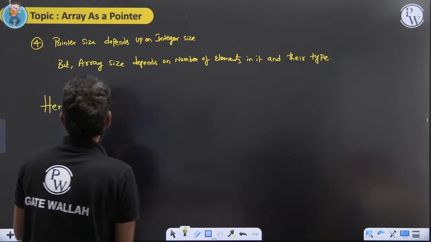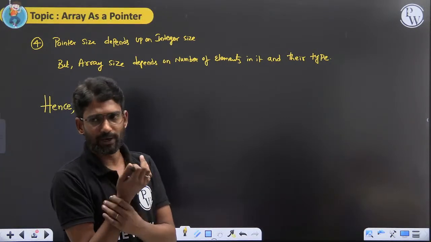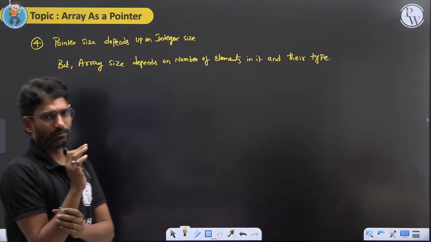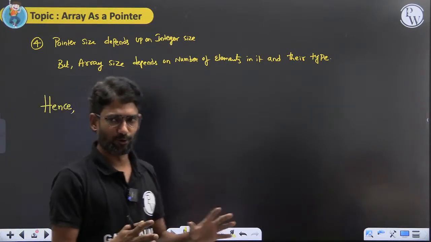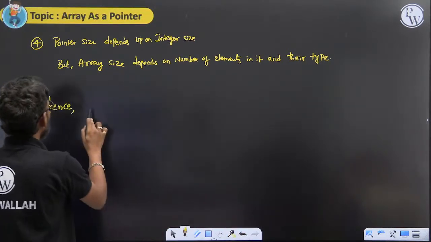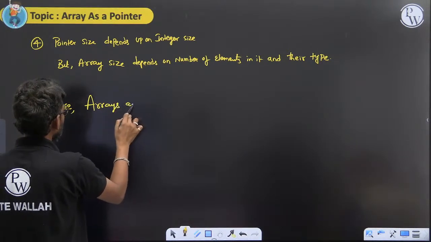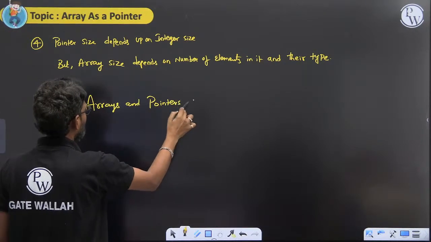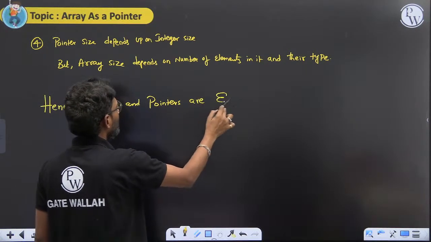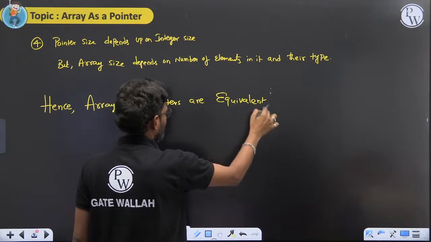So from at least these four points we can conclude, one is enough actually, but I have listed four. Hence, arrays and pointers are equivalent. Again I am writing the same statement.